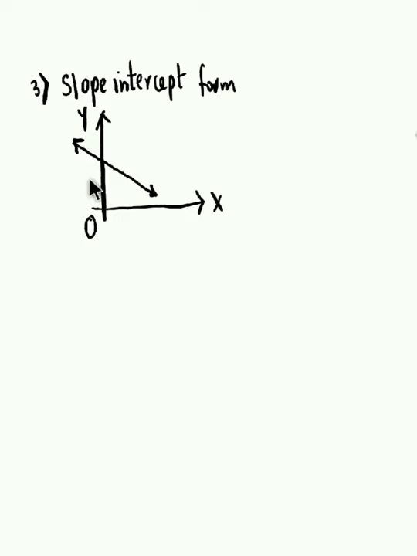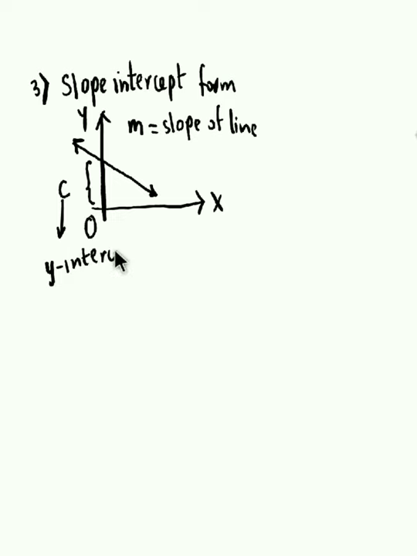Now this portion on the y axis is called the y-intercept and we denote it as c. And suppose m is the slope of the line. So c is called the y-intercept of the line. So if we know these two values, then the equation of the line can be given by y is equal to mx plus c.